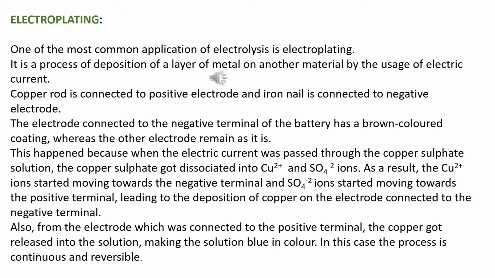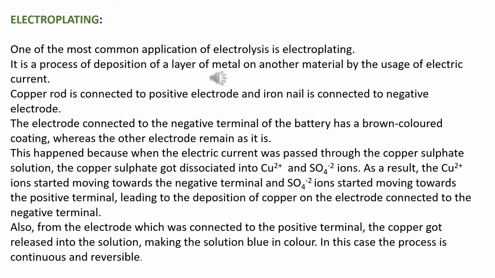Consider the setup. We have two electrodes. One electrode is a copper rod, which is connected to the positive terminal of the battery, and the negative terminal of the battery is connected to an iron nail. This iron nail is what we are going to coat with copper, and both the copper rod and the iron nail are dipped in a solution of copper sulfate.